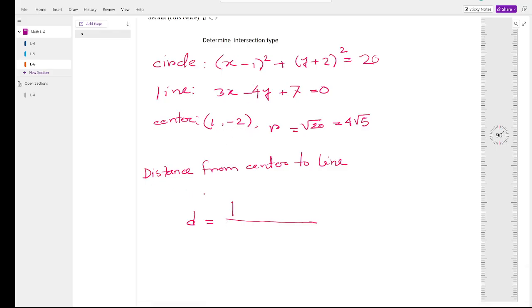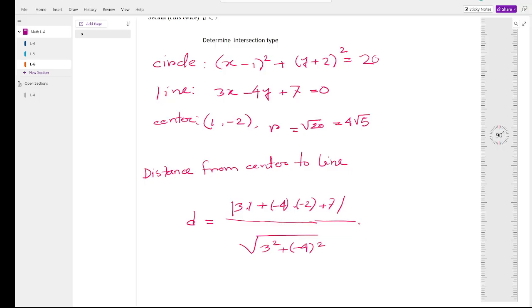So a h means 3 times 1, plus b, b is minus 4, multiply k, k is minus 2, then plus c, c is 7. We need modulus, and root over a square plus b square.